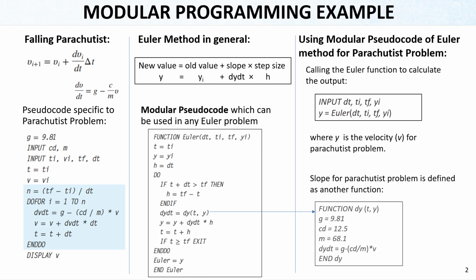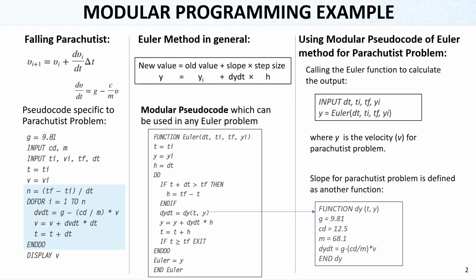In the parachutist problem, we are calling the Euler function, as you can see here, with the same inputs, but these inputs are now the inputs of the parachutist problem. Basically, these are defined like this, and the y here is the velocity. And over here, if you remember, we had this slope function, and it was general, so we can simply define a dy function for the parachutist and call it here as a modular part.